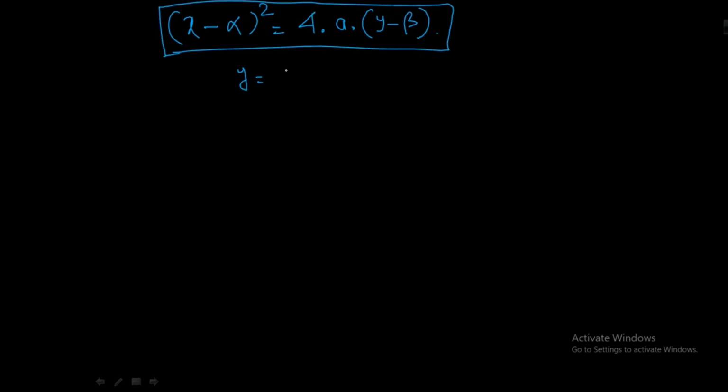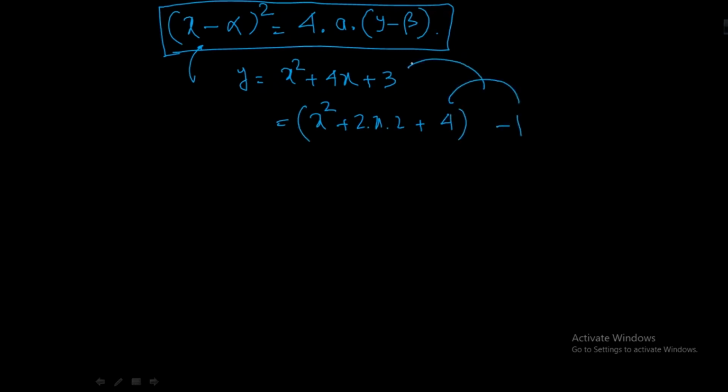Y is equal to, the given equation is x square plus 4x plus 3. So if you want to convert this equation into this form, that means x minus alpha whole square. So I can write x square plus 2 into x into 2 plus 2 square 4 minus 1. So 4 minus 1 will become 3.